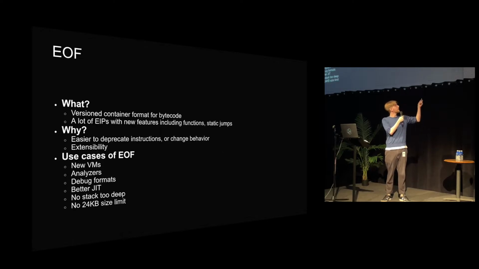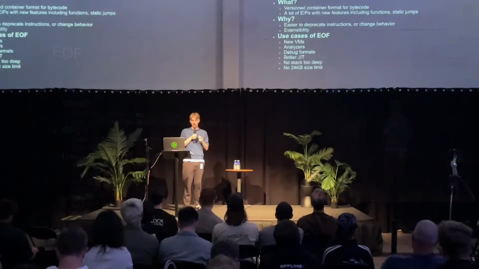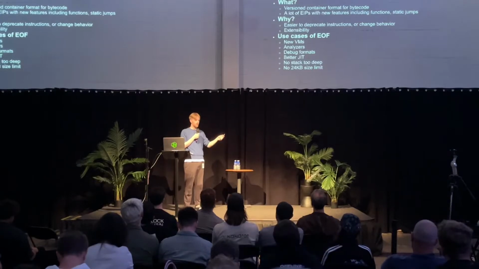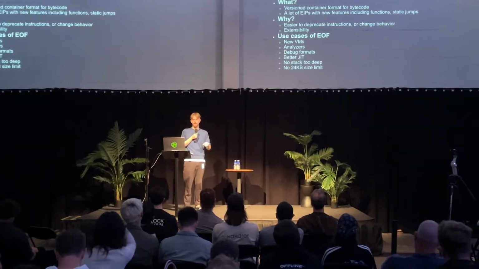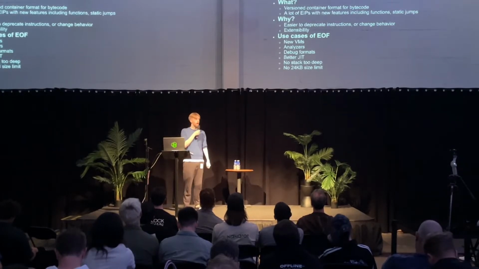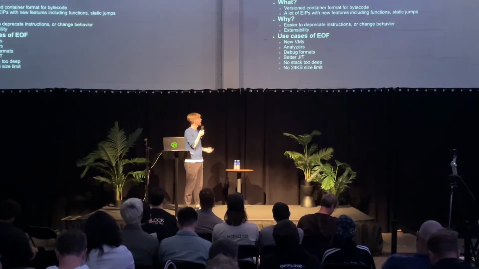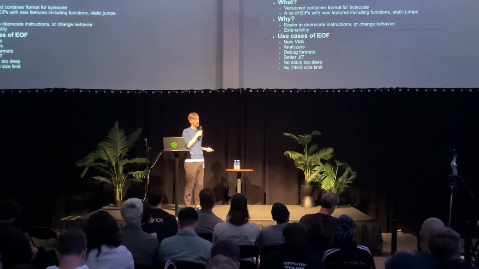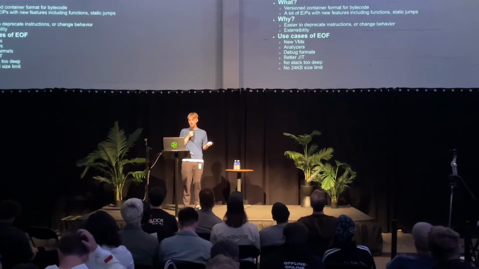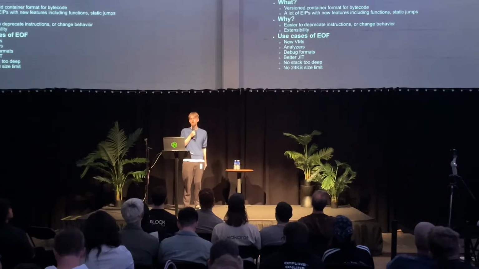And then the next thing in Pectra is EOF, which you can think of as like a versioning for bytecodes. So it's a container format where it has a version and then it has sections, much like a normal executable on an operating system. And it allows a bunch of nice things like it introduces static jumps, there's changes in some behaviors, it's easier to deprecate instructions, and it's easy to extend in the future.